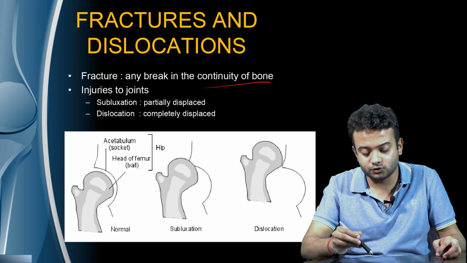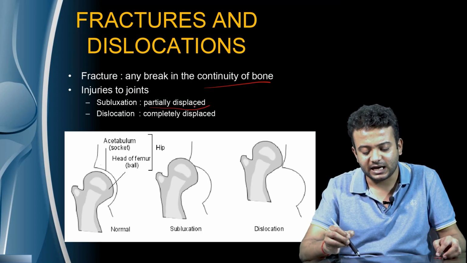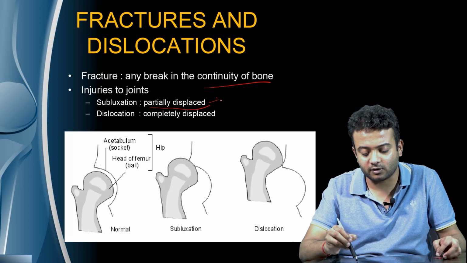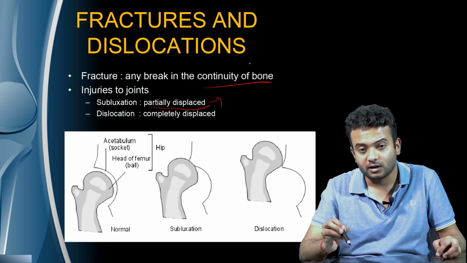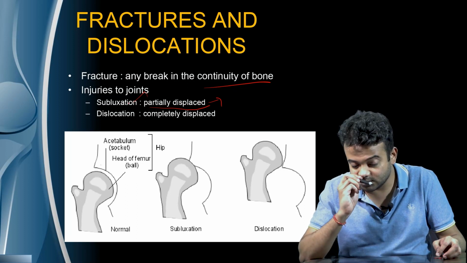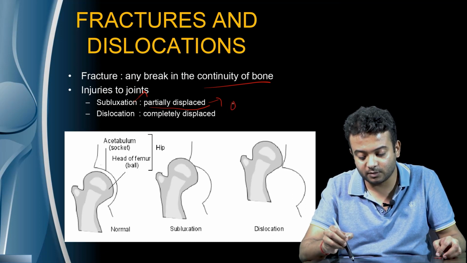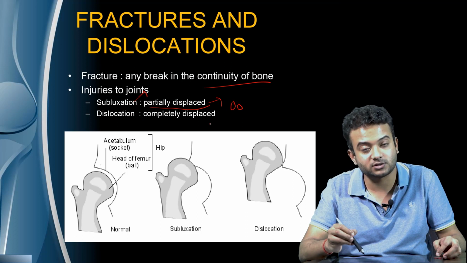And there can be injuries to joints as well in the form of subluxation or dislocation. If it is only partially displaced and there is some point of contact between the bone and the joint, then it's a subluxation, or partial dislocation. It's not called dislocation, it's a subluxation. And if it is completely displaced without any point of contact between the bone and the joint, then it is referred to as dislocation.